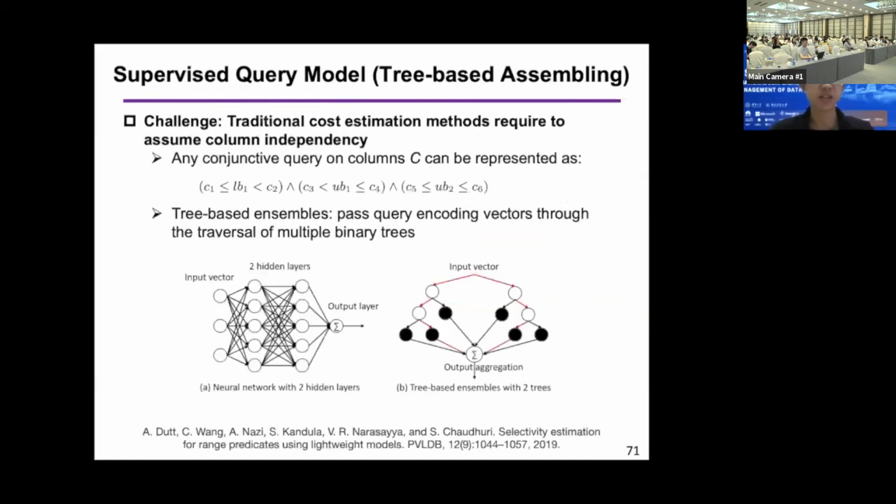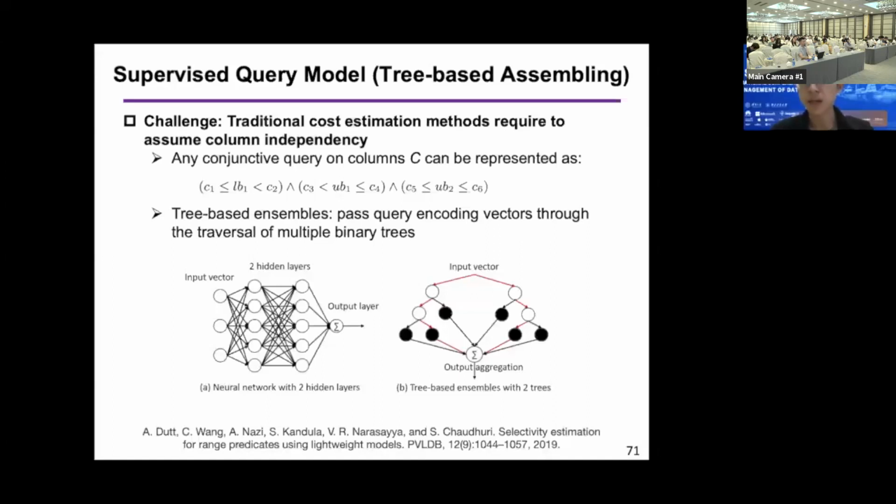And another challenge is that there may be correlations between multiple columns in the same table. Traditional methods just assume column independence, which may not work for this scenario. So a learning-based method uses a chain-based ensembling algorithm to solve this problem. They first use a local neural network to encode different predicates on a fixed join path of the query.